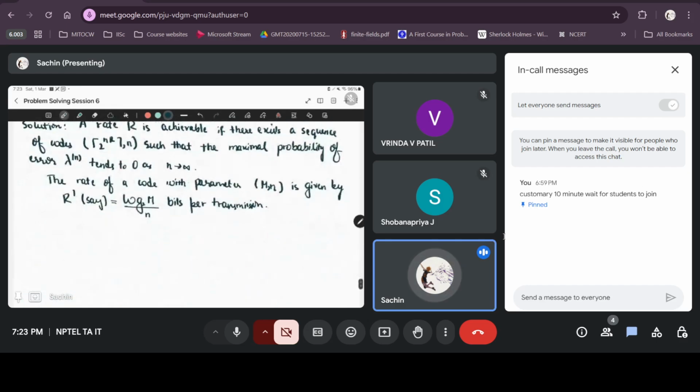So the rate of the code P is log of, there are 2 power nR messages in code P and code length is n.